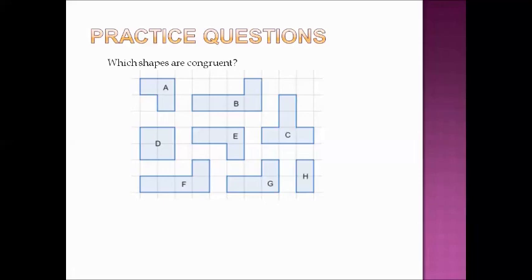What about the other figures? No, there is no matching figure for A, D, C and H. So figures B and F are congruent, and figures E and G are congruent.